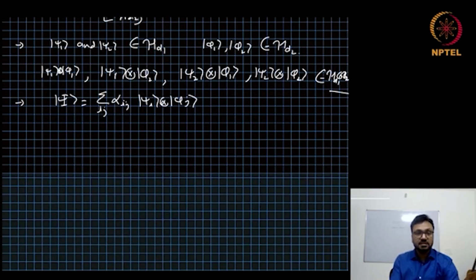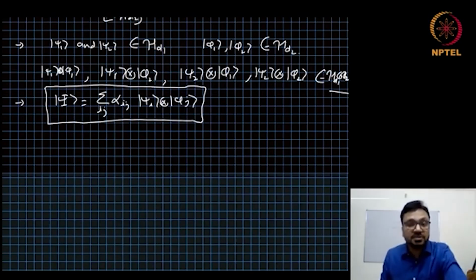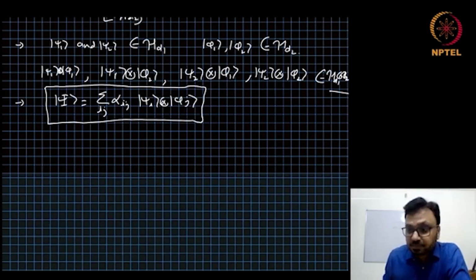This is the most general state of the composite system, where psi i and phi j we have taken as the orthonormal basis, or any state which exists in the Hilbert space.